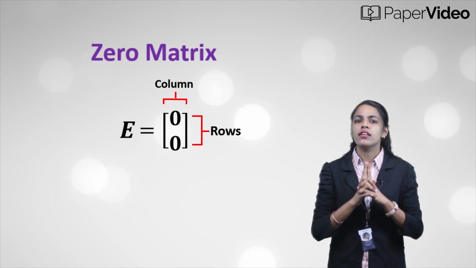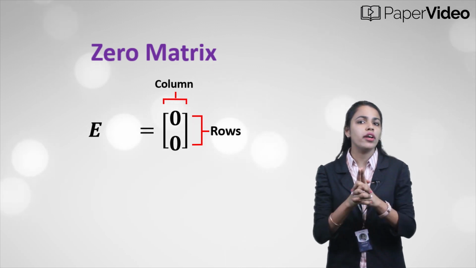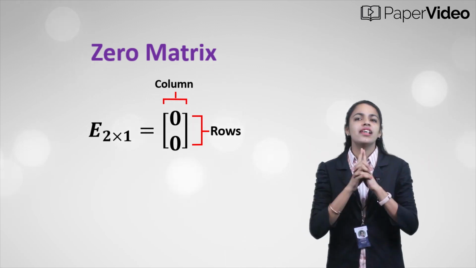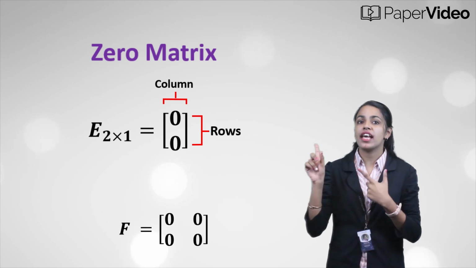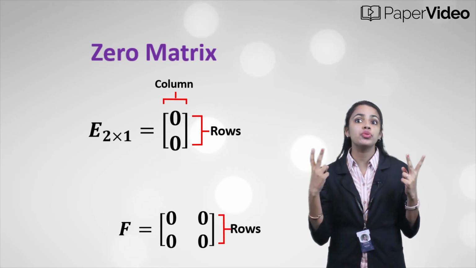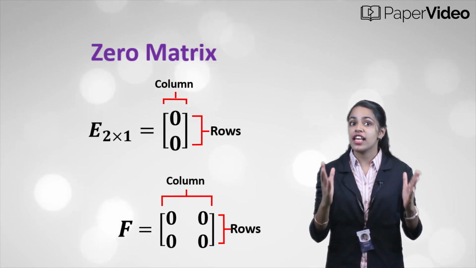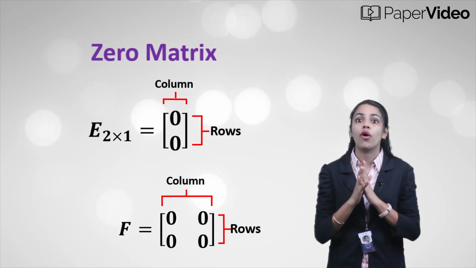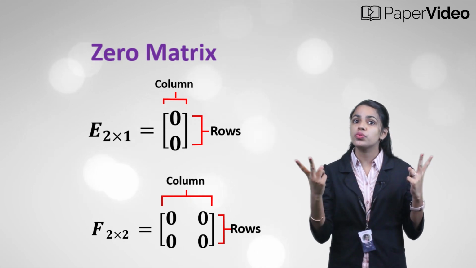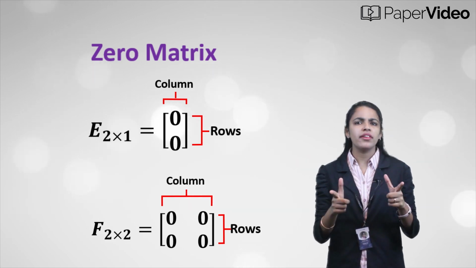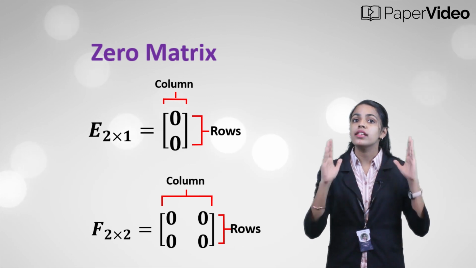So, matrix E is a zero matrix of order 2 into 1. Similarly, we have matrix F having 2 rows and 2 columns, and all elements are 0. So, matrix F is a zero matrix of order 2 into 2. So, in a zero matrix, we have all elements 0.